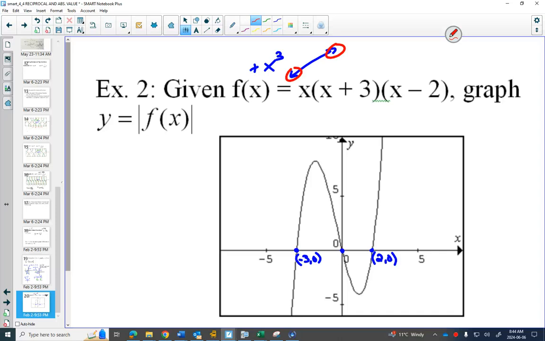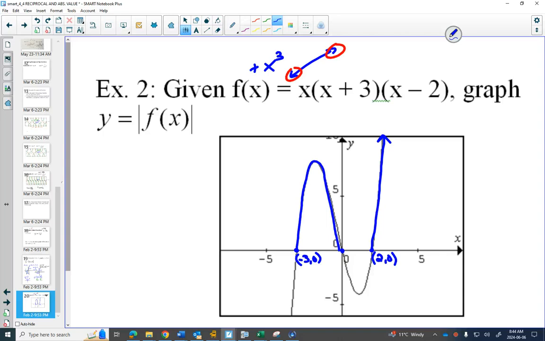Okay? So a little review of chapter 1 graphing. Now that I have that graph, can I graph the absolute value of this function? Yes. The absolute value of this function, first of all, wherever the graph was positive to begin with, maybe you change colors on yours, that part stays the same.